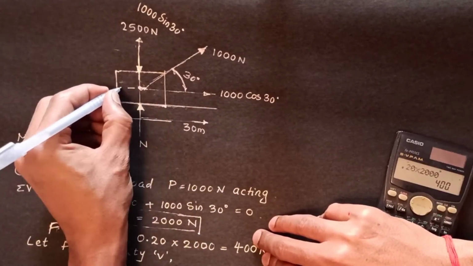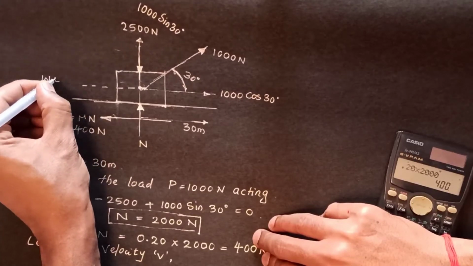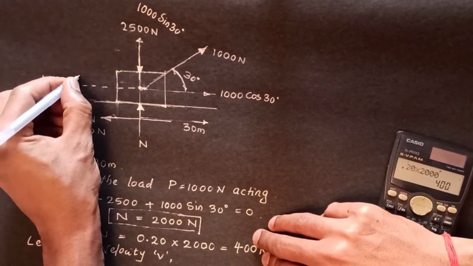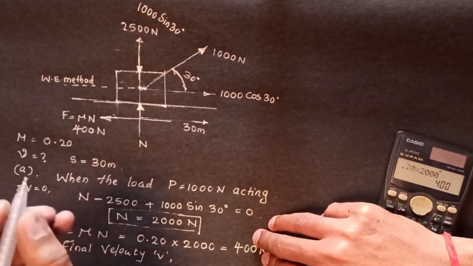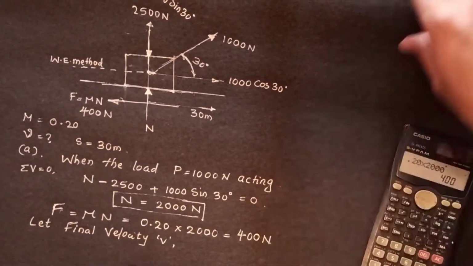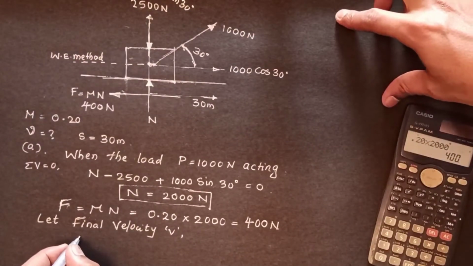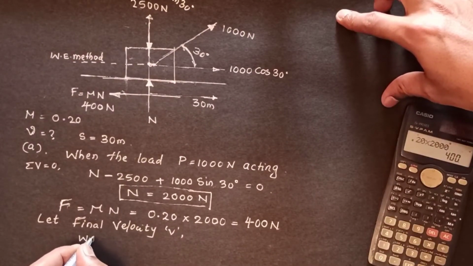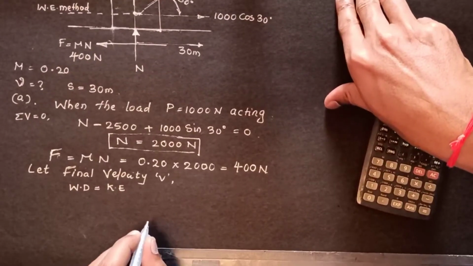So for this horizontal motion we will apply the work energy method. You should know the equation. What is that? The work done is equal to the kinetic energy.